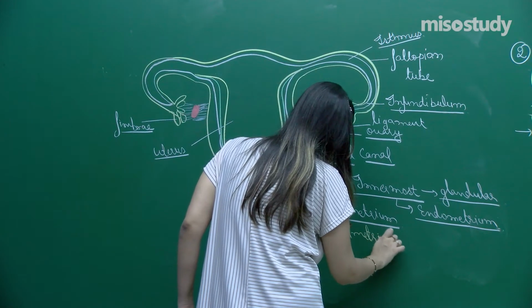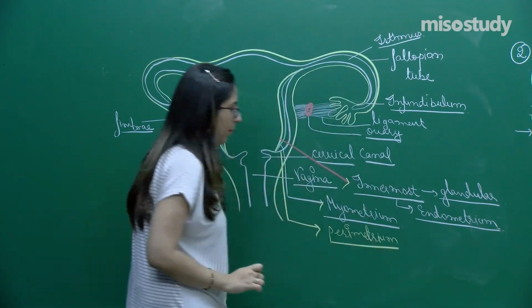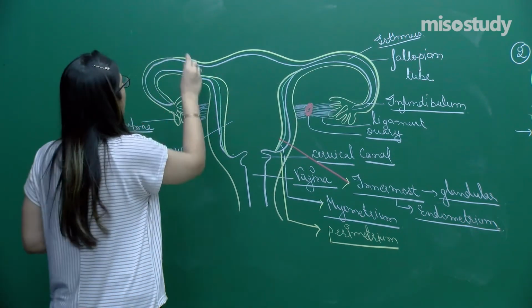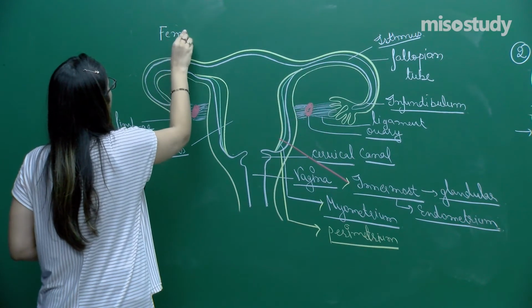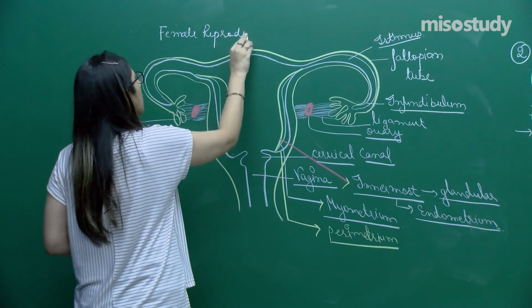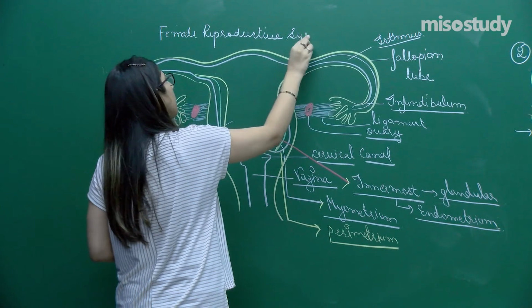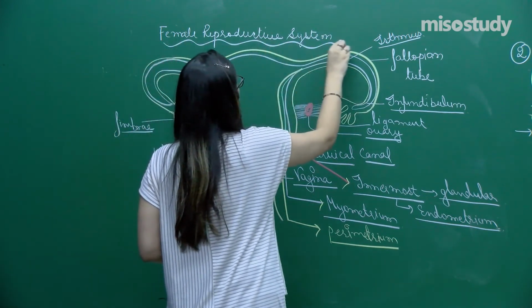Perimetrium present. So this is the structure of female reproductive system.